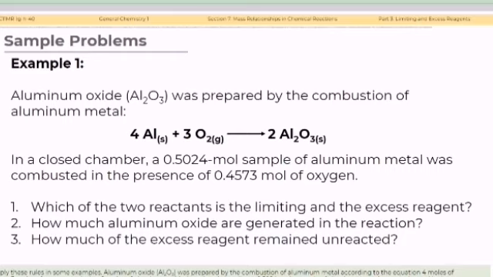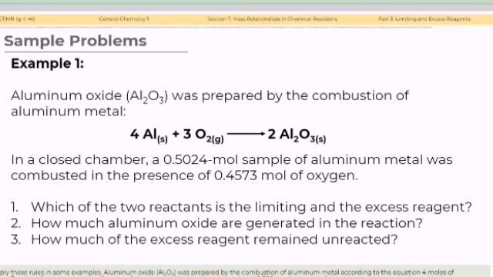Let us apply these rules in some examples. Let's say aluminum oxide was prepared by combustion of aluminum metal according to the equation: 4 moles of aluminum combined with 3 moles of oxygen, yielding 2 moles of aluminum oxide.